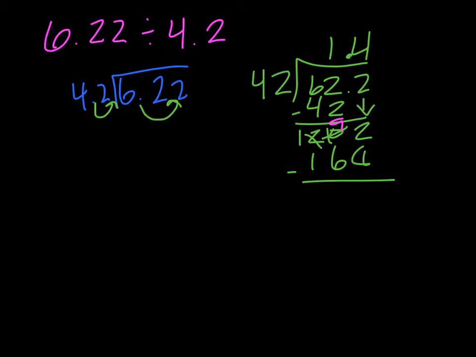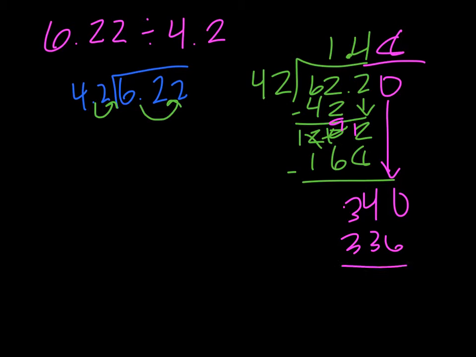That becomes a 9, 12, 4, 3. And then we bring down a 0. 42 goes into 340 8 times. And 8 times 42 is 336. So we subtract, and we get 4, and we can stop there at 1 decimal place.